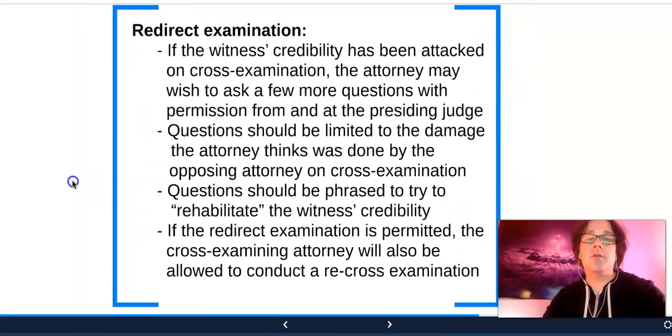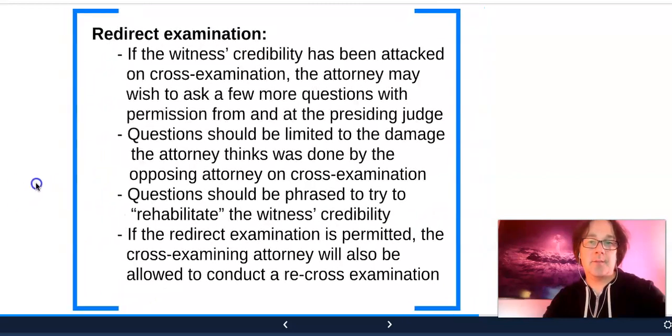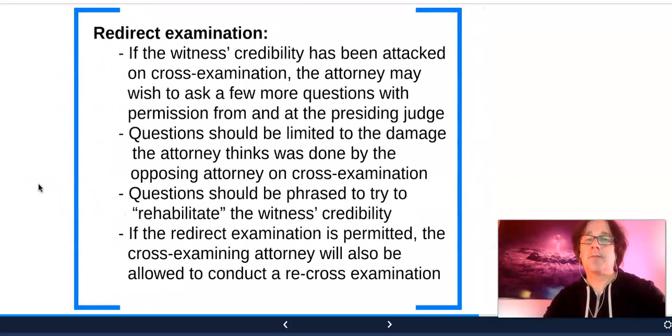When it comes to redirect examination, this is after you did your direct examination of the witness, then the opposing team did a cross-examination. You might have the opportunity to do a redirect examination. So when can you do a redirect examination?